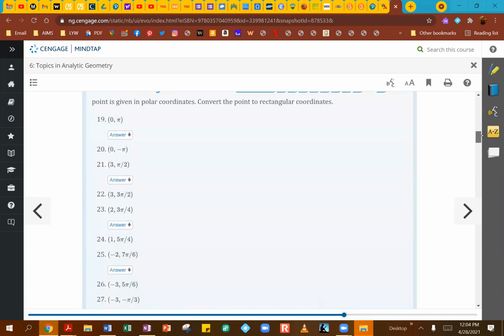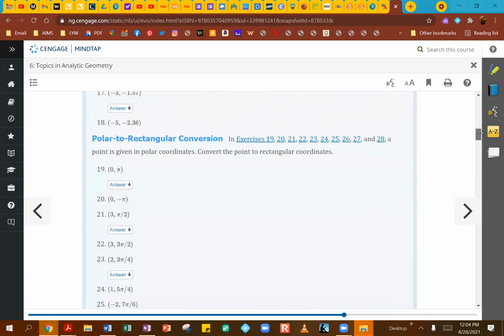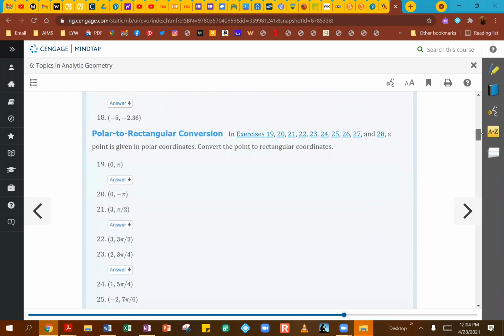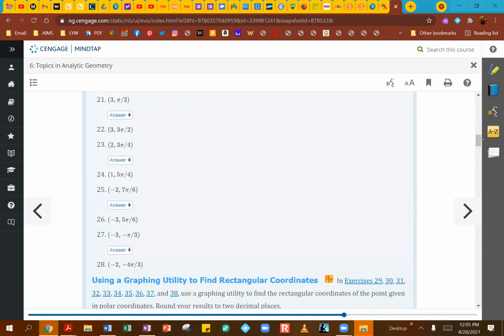All right, number 28 over here. This one is actually going from polar, and we want to convert to rectangular. And of course, you can see they're giving you negative 4 pi over 3 as your angle measurement.